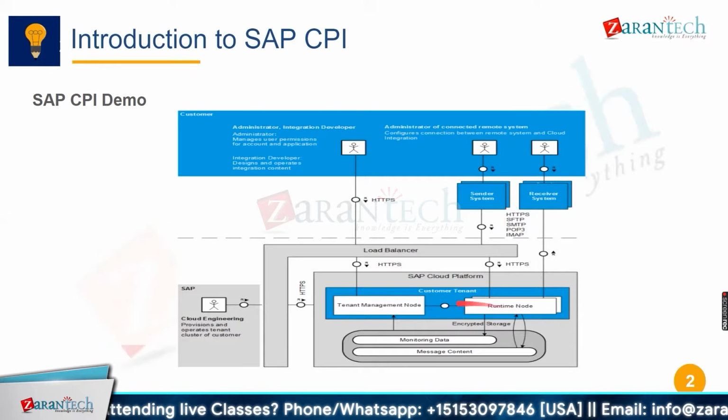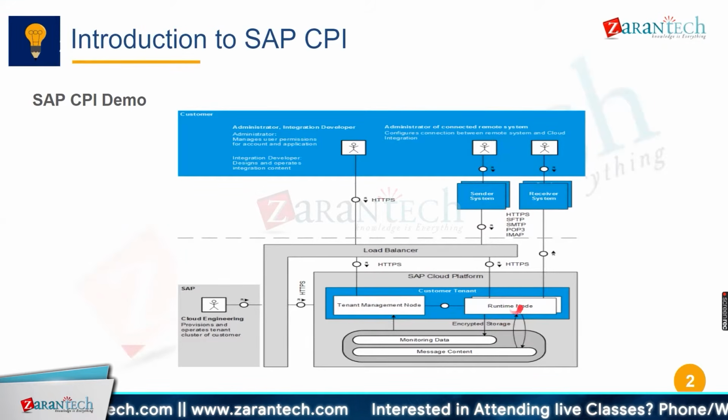Now whenever you send the data to the tenant management node, it executes all the steps. Meanwhile, whenever it is executing these steps, the data will be stored on the runtime node. Once the execution is completed, it sends the output to the receiver system. In my example, mail. Whenever I send the data from Postman, it reaches the SAP CPI.